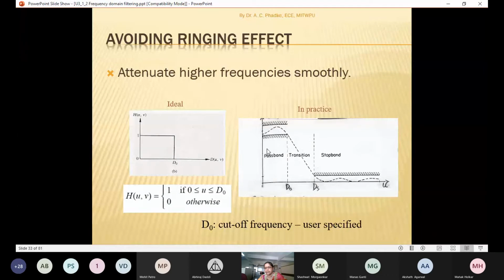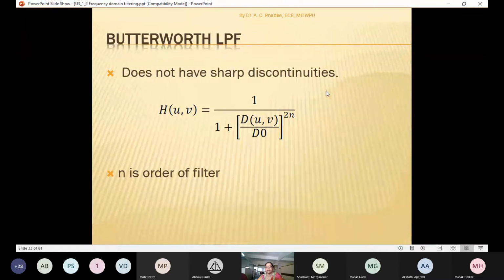Instead of abrupt transition, we are using smooth transition from pass band to stop band. So these filters are named as either Butterworth filter or Gaussian filter. In order to get smooth transition, we can either go for Butterworth filter or Gaussian filter.